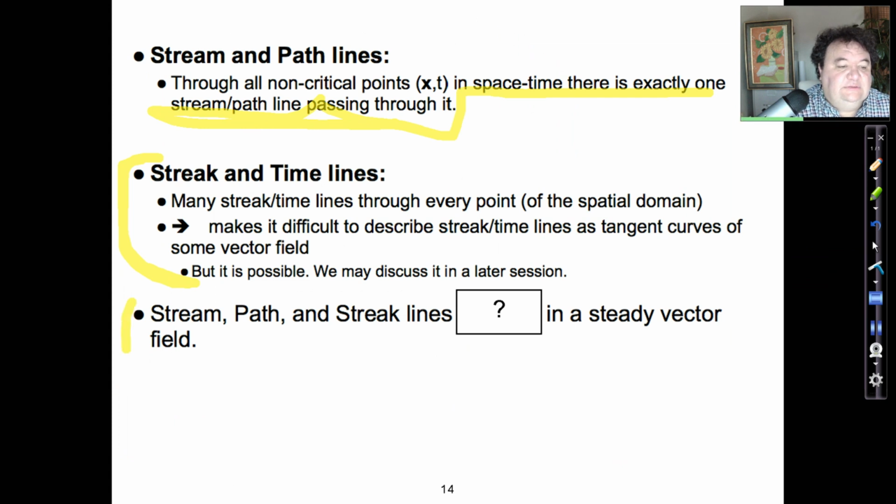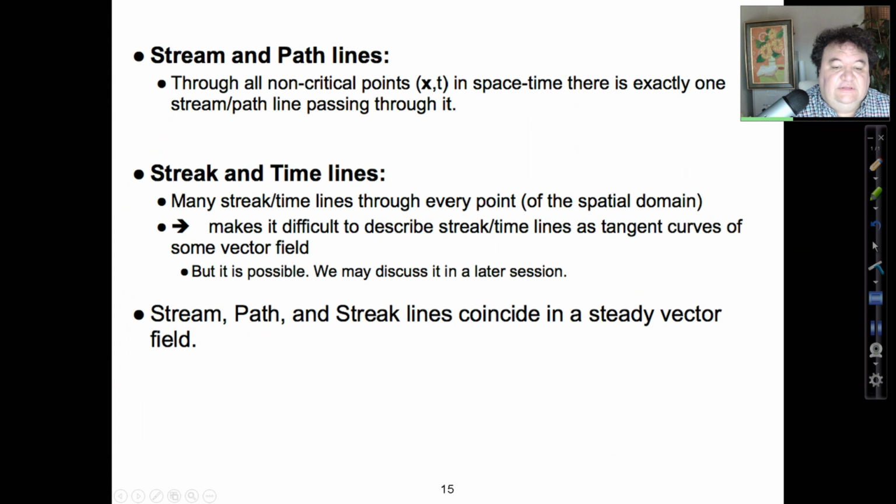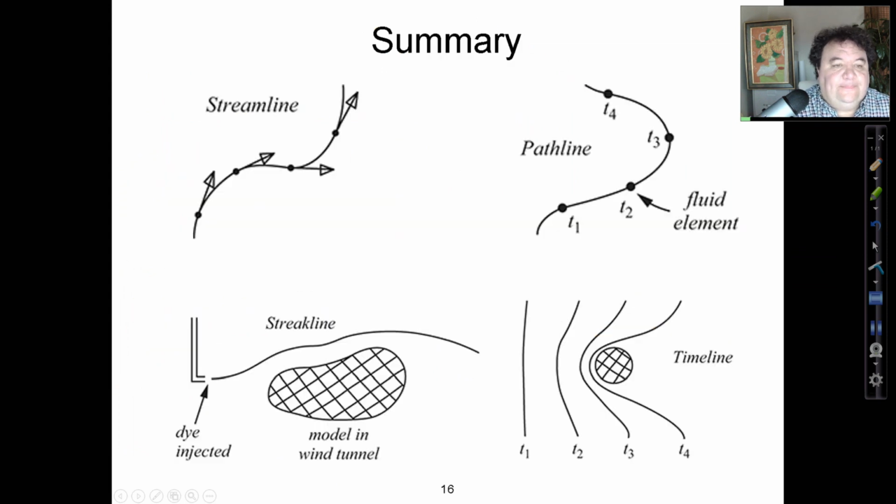So an important basic statement is that in the case of a steady vector field, streamlines, path lines, and streak lines are effectively the same. They coincide. Timelines are kind of an orthogonal concept, but those three distinct concepts collapse together.